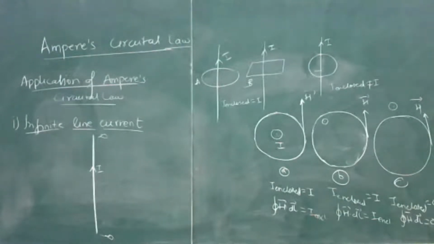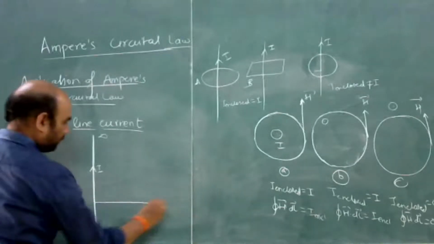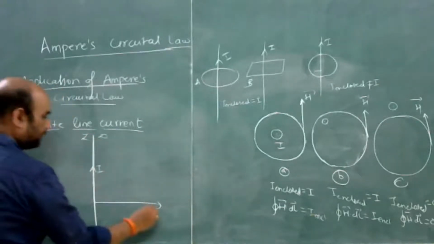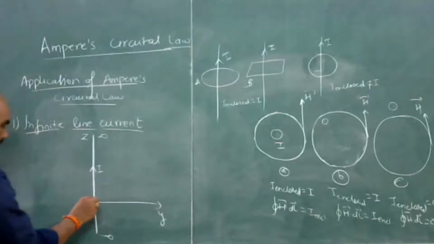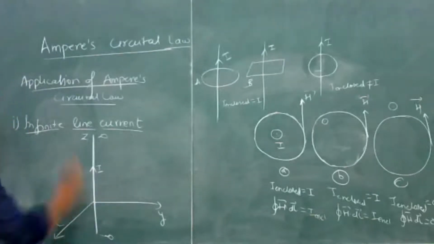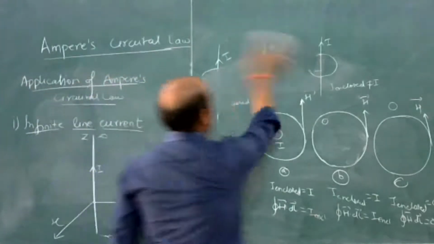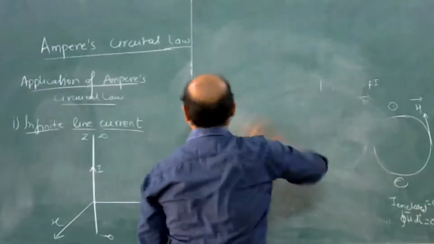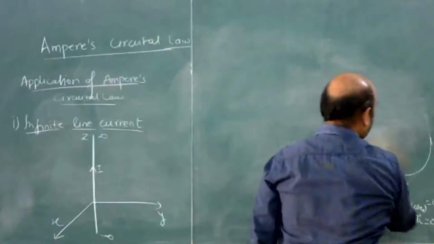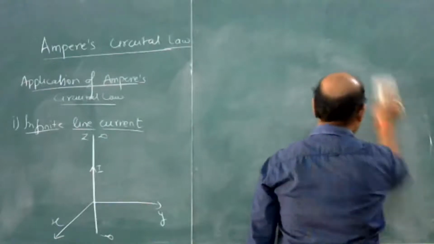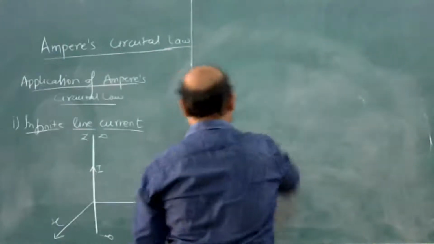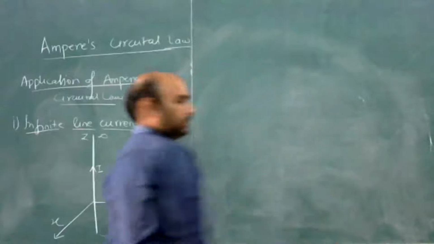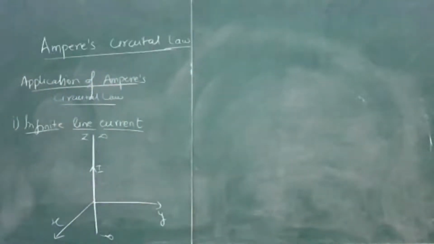Let's suppose this is lying along the z axis. As we consider a Gaussian surface in the case of Gauss law, in this case we have to consider our Amperian loop, our imaginary loop.